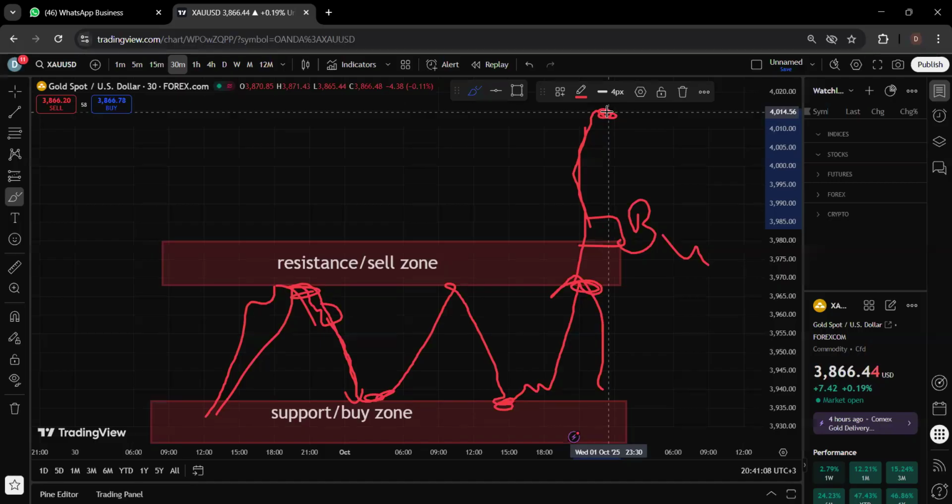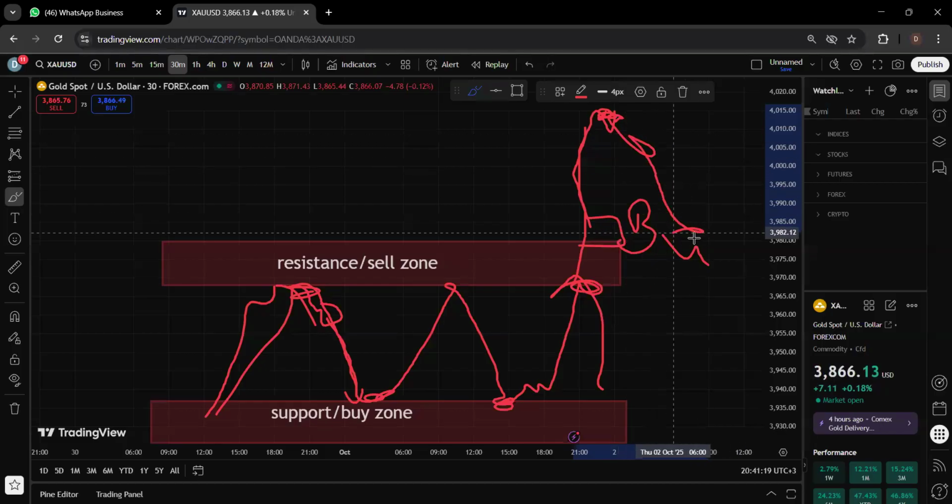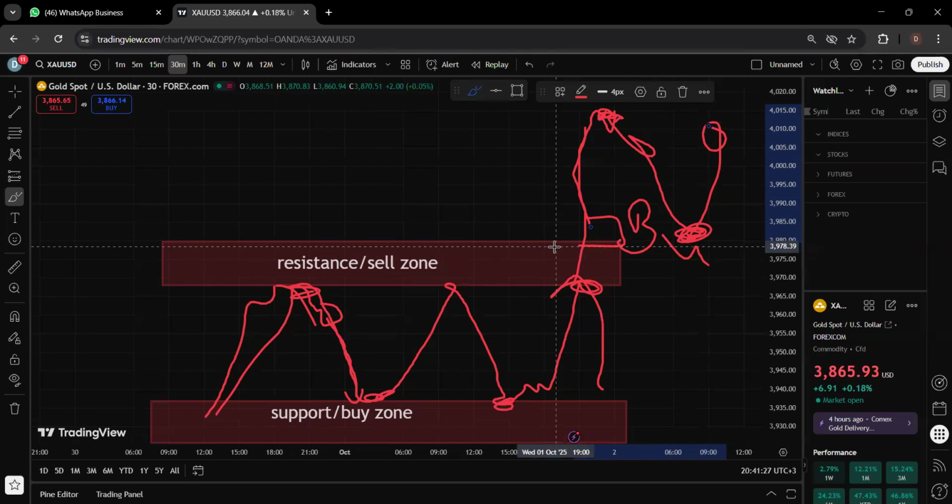If there is no existing resistance, I'll talk about that when I'm talking about the fib. You will expect the market to create another resistance here, then come back to your support, then you can buy again, targeting this resistance. So your resistance can turn into your buy zone if a candle breaks above with a body.